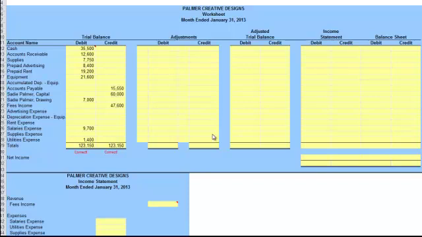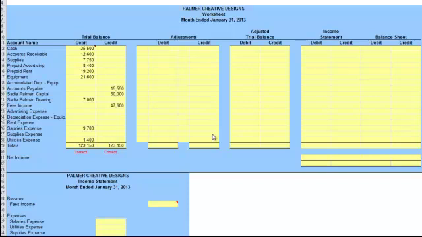So without making an adjustment, that supplies account will be overstated. Same with equipment. We buy equipment and we record it at the price we buy it at as an asset, but as we use the equipment, we experience some wear and tear, and it loses some of its value. And so we need to make an adjustment for depreciation, or the loss of value of the equipment as we use it.